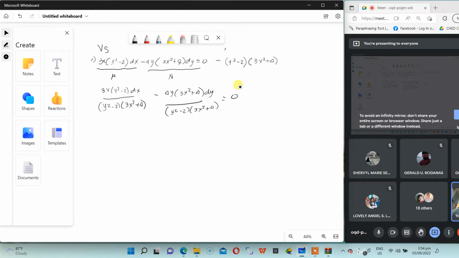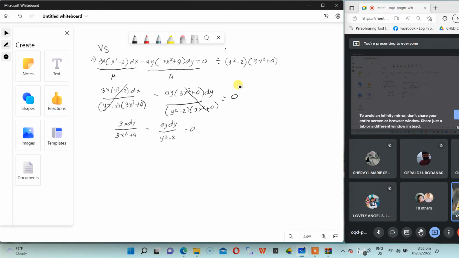Obviously, 0 divided by this is still 0. So from there, we could cancel this one, right? And this one. What remains is 3x dx over 3x squared plus 4 minus 4y dy over y squared minus 2 equals 0.